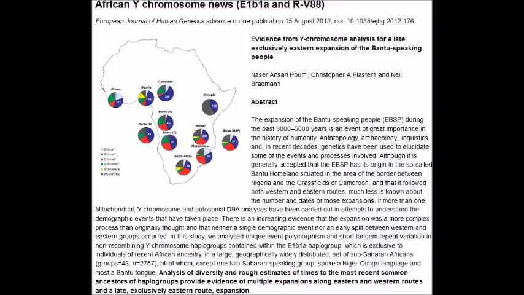And they have the groups equal 43, and so on. And then it says, "all of whom except one Nilo-Saharan speaking group spoke a Niger-Congo language and most a Bantu tongue."